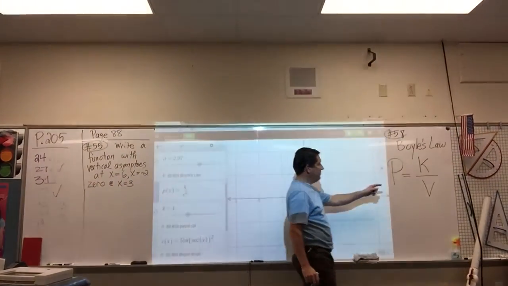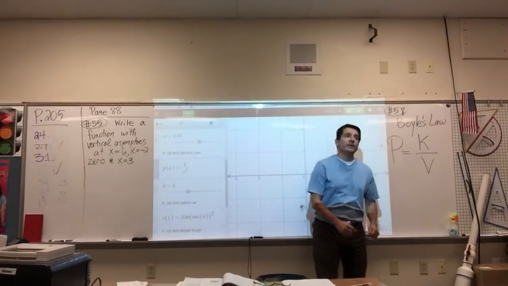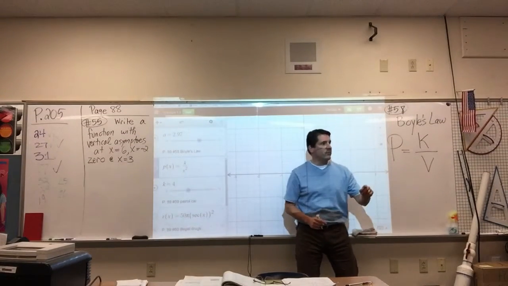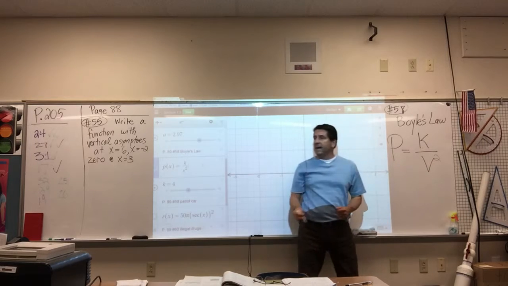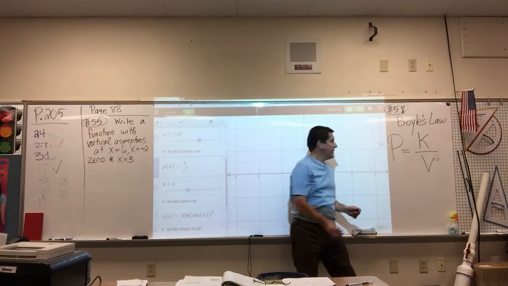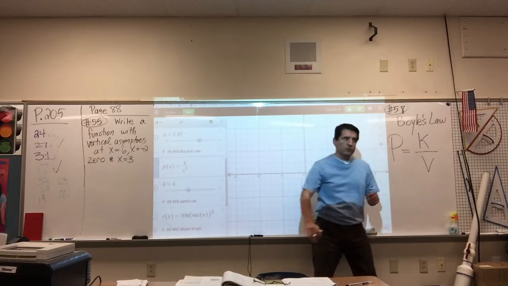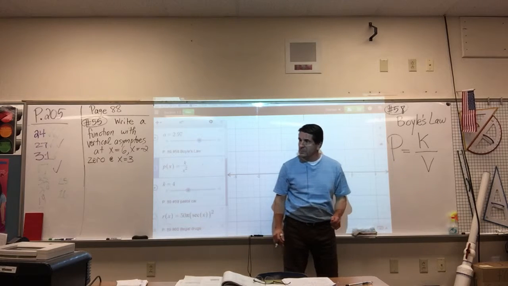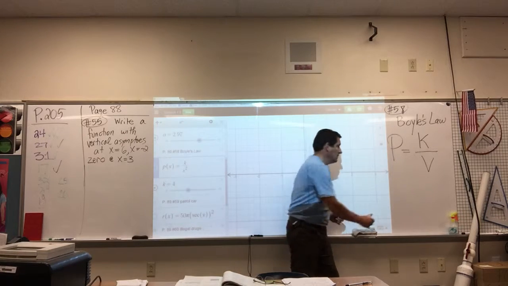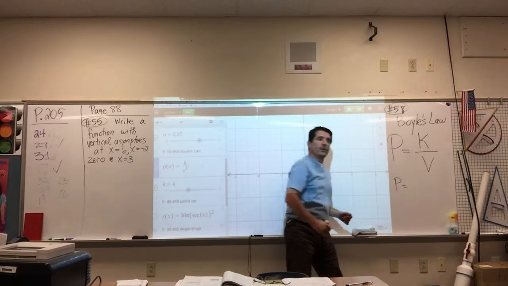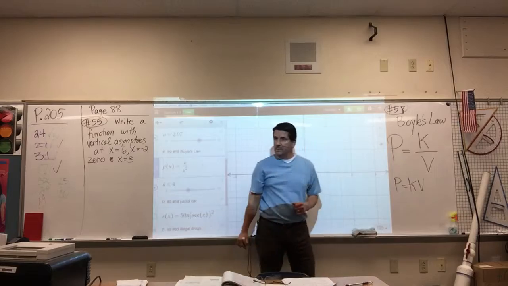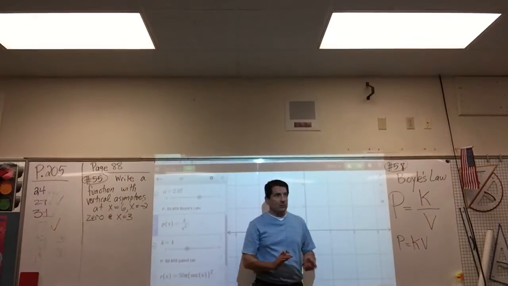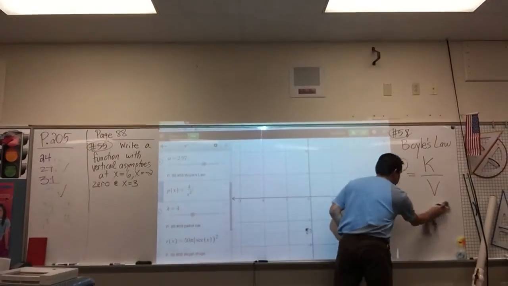Now, if we said the pressure was inversely proportional to the square of the volume, we put that. If I said that the pressure was proportional to the volume, then you'd say kV. Okay? So being able to write those is good.